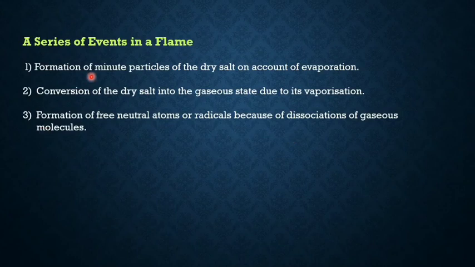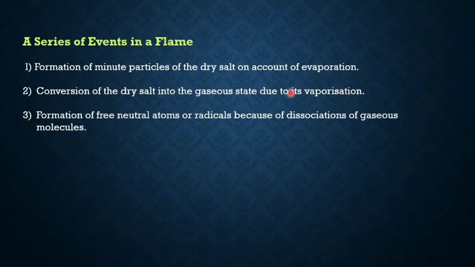First step is what? Formation of minute particles. Firstly, evaporation takes place, that means the solution is converted into solid dry particles. Then these dry particles are converted into gaseous state due to vaporization.